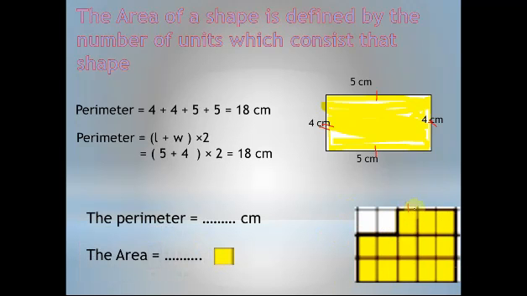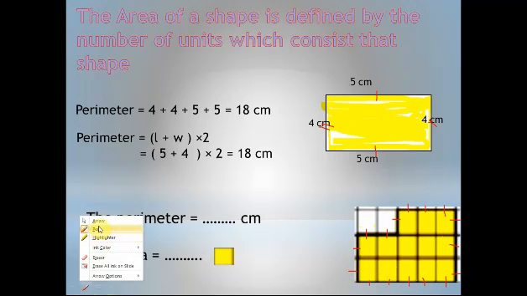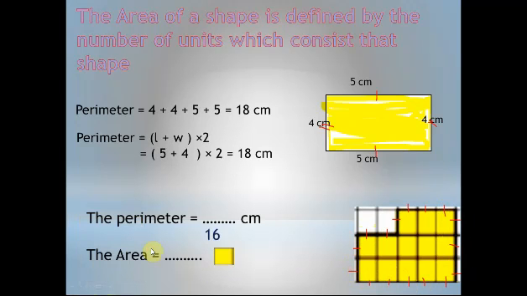So we will say 1, 2, 3, 4, 5, 6, 7, 8, 9, 10, 11, 12, 13, 14, 15, 16. So the perimeter for this figure equals 16.